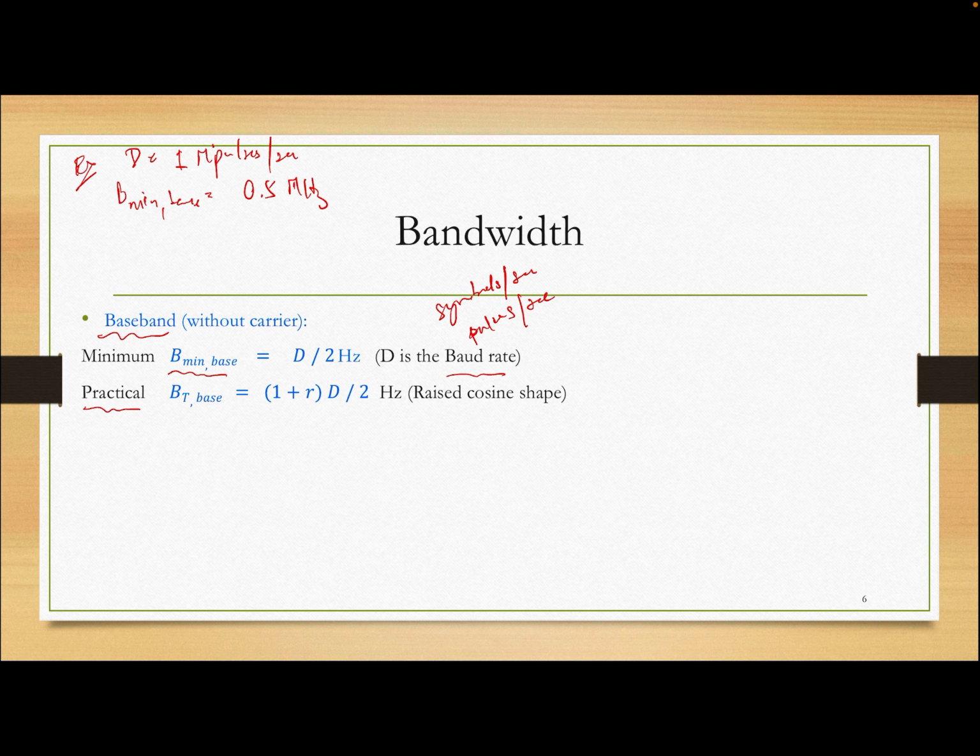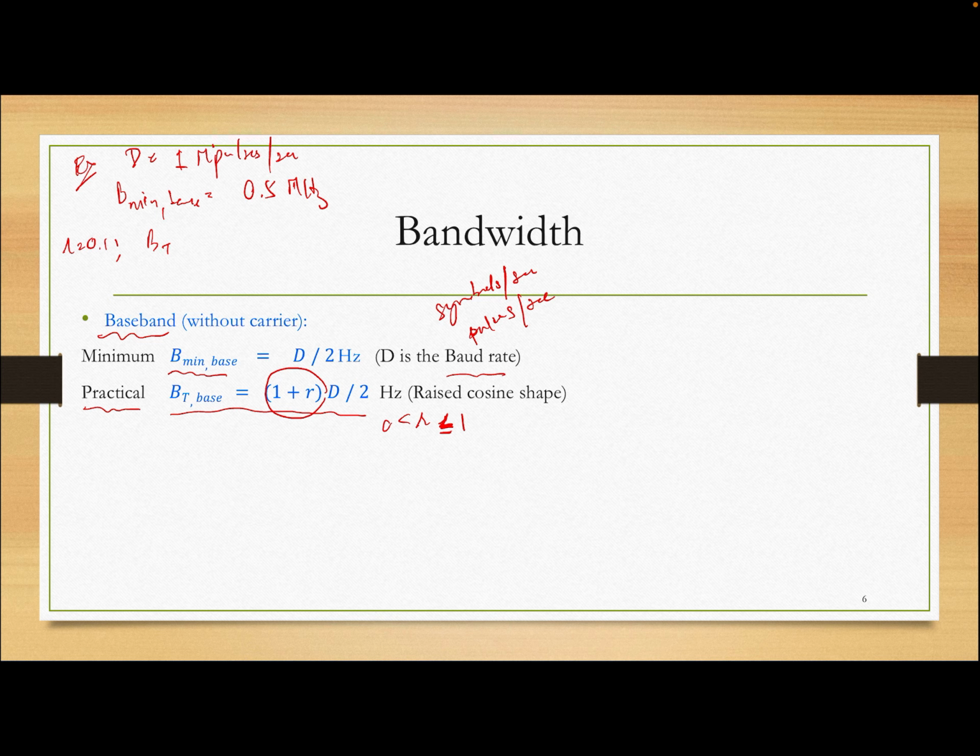But this is in theory. Usually you cannot do that. In practice, you have to increase the bandwidth a little bit more to have a more practical shape to use. So it is going to be (1 plus r) multiplied by D over 2, where r is between 0 and usually not more than 1.